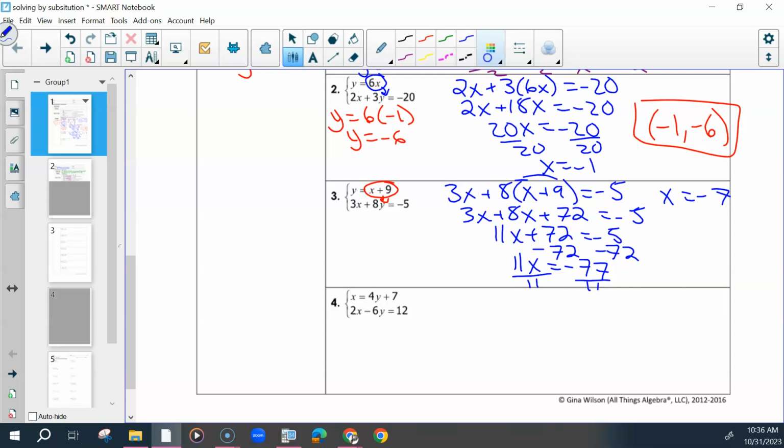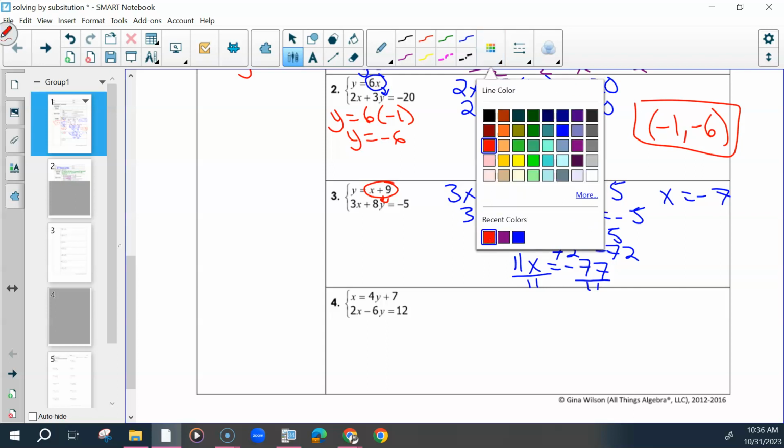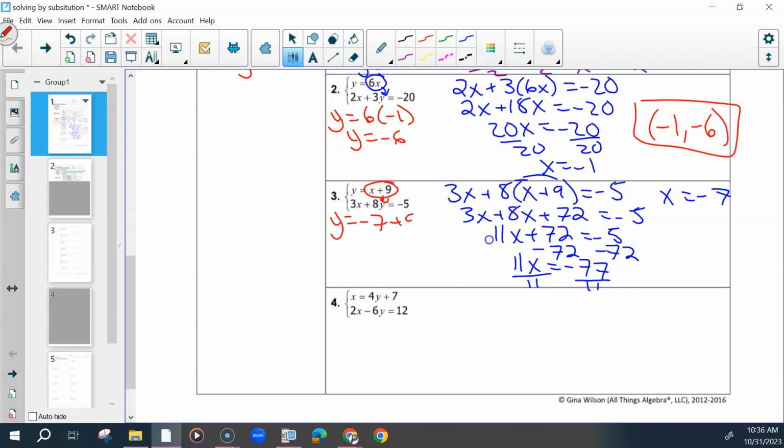Then go back and find your y value. Put negative 7 into this equation. What is your y value? What would that y value be? 2. So your ordered pair would be negative 7, 2.